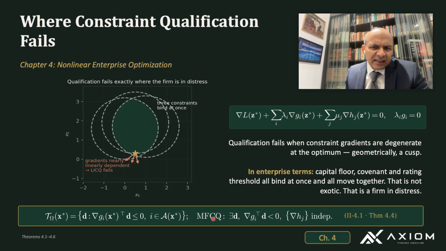There must exist at least one direction that moves strictly away from every active inequality boundary while remaining compatible with the equality structure. So MFCQ ensures that the constraints meet cleanly enough for the KKT multiplier system to behave properly rather than being degenerate. The first expression identifies the feasible local directions. MFCQ ensures there is enough local freedom for standard first order optimality conditions to be valid.